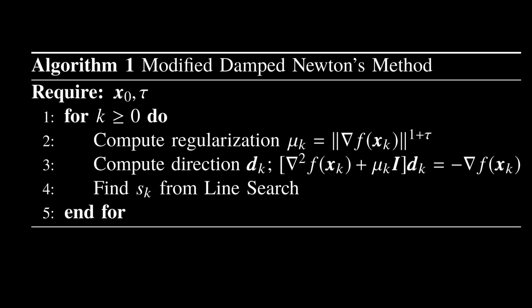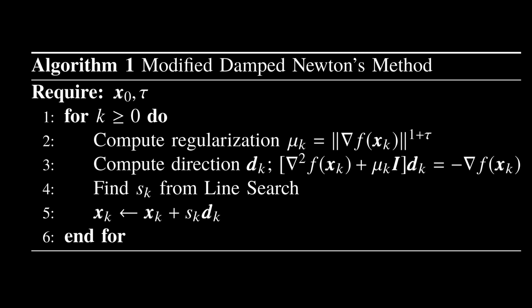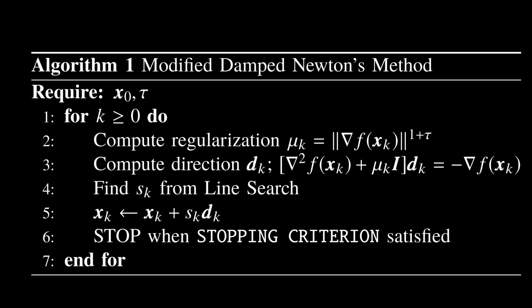Usually, this sk is obtained by a line search, like exact line search, Armijo backtracking, Wolfe criterion, and many more. Finally, we walk in the damped direction. Note that if sk is 1, then we are just doing a classical Newton step. And we stop according to some stopping criterion like maximum number of iterations, proximity of xk plus 1 relative to xk, or how small the gradient at xk plus 1 gets.